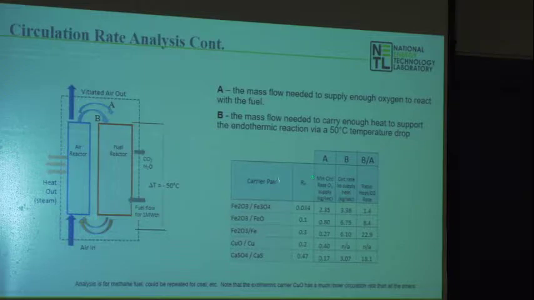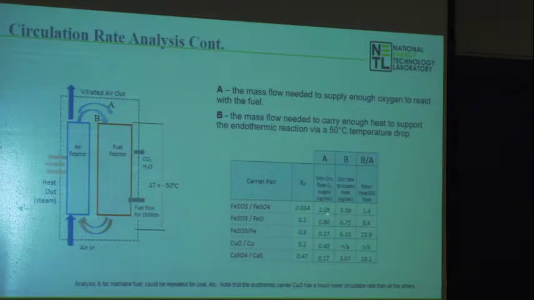And you can see that R0 quantity, oxygen carrying capacity, remember I said it's only like 3.4%. So for that particular carrier to supply oxygen to burn up the fuel, you need to supply 2.35 kilograms per second, the minimum circulation rate of oxygen, over into this reactor over here.